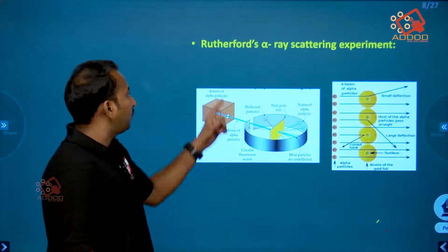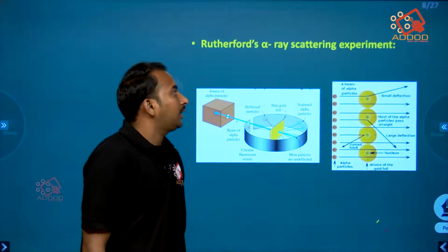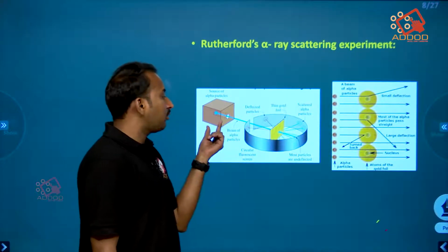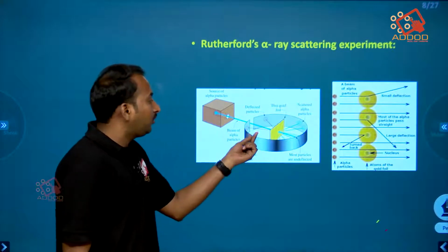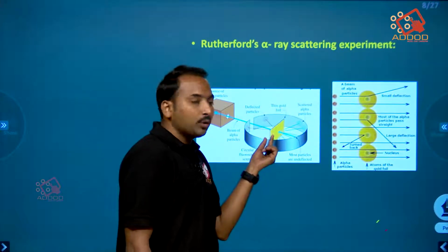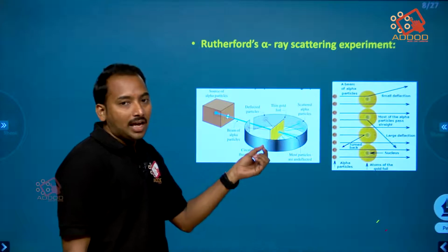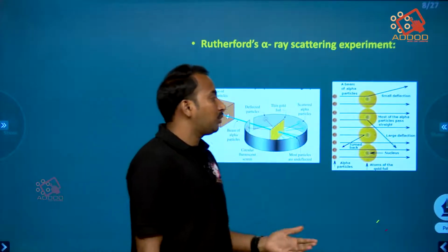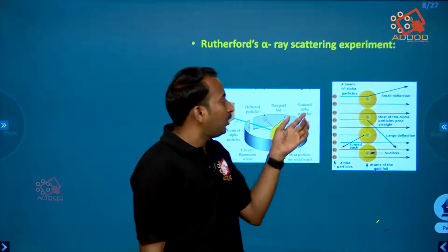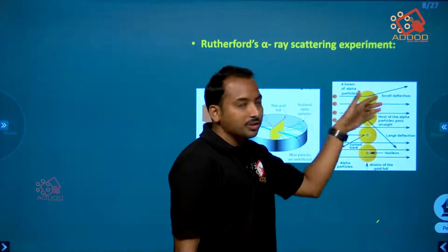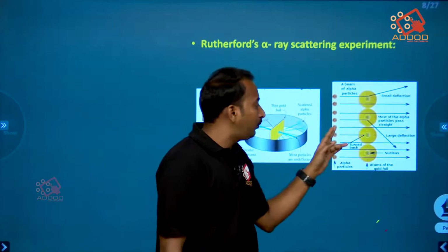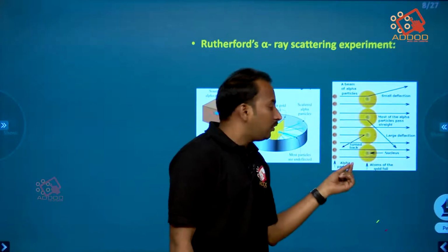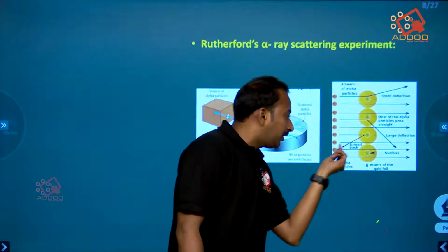Next, let us look at the Rutherford alpha ray scattering experiment. When a source of alpha particles struck a thin gold foil, it produced tiny flashes on a fluorescent screen. The observation was that most of the alpha particles pass through the atom, a small fraction of the alpha particles are deviated by some angles, and a few alpha particles are turned back.